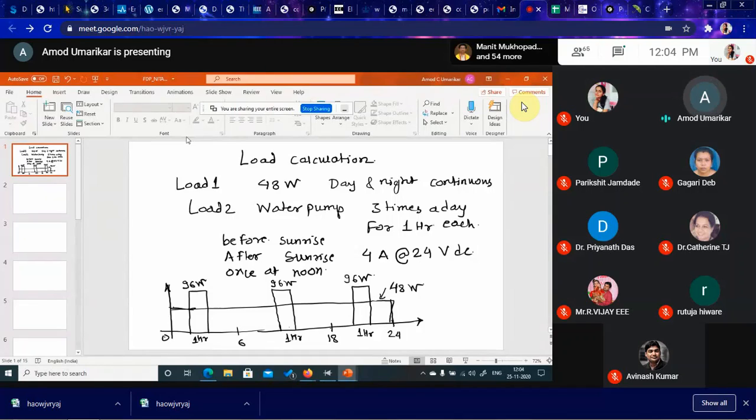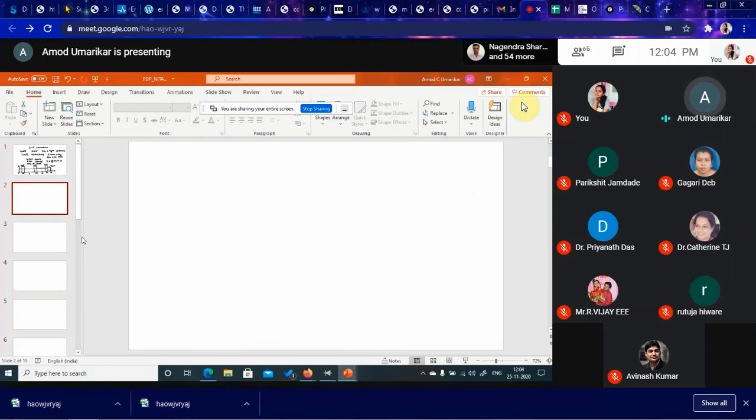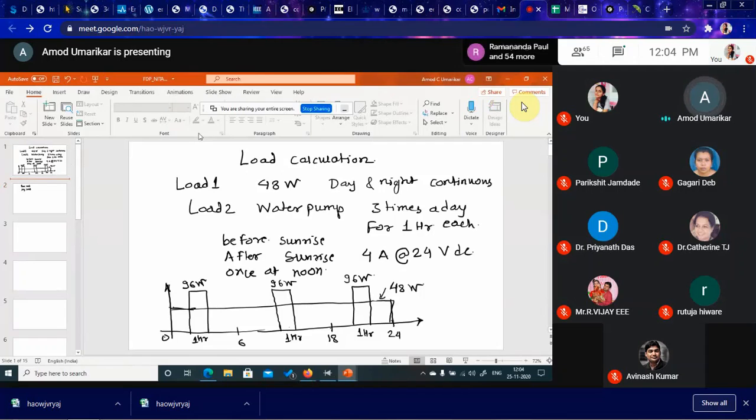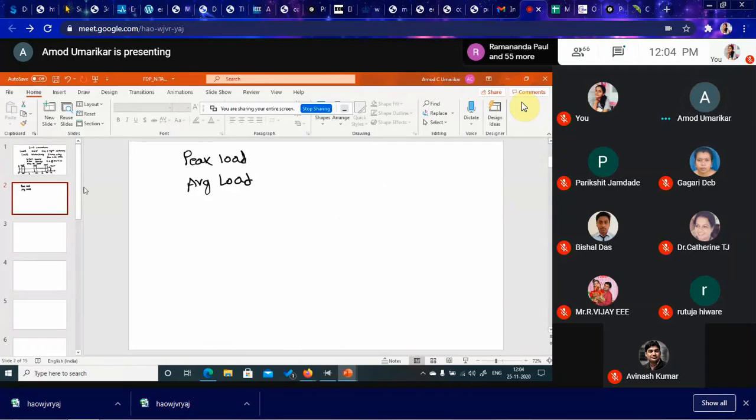So how will you now find out what is the day load and what is the night load? There are 2 types of consideration. One is peak load and another is average load. So what is the peak load? Peak load is 48 plus 96.